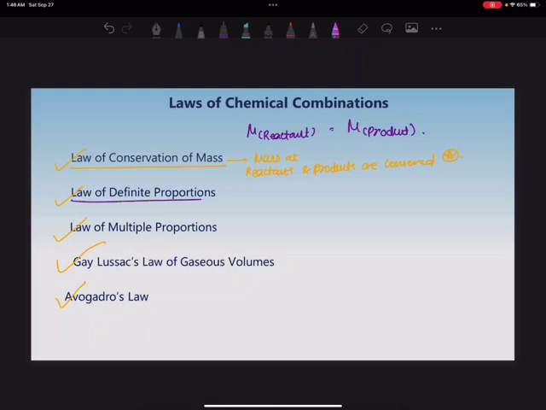Secondly, the law of definite proportions: here the proportion of reactants and products are conserved. Thirdly, law of multiple proportions, which we will learn in detail a bit later.